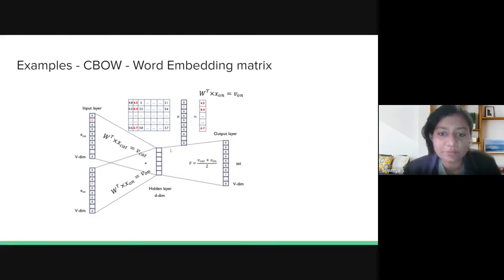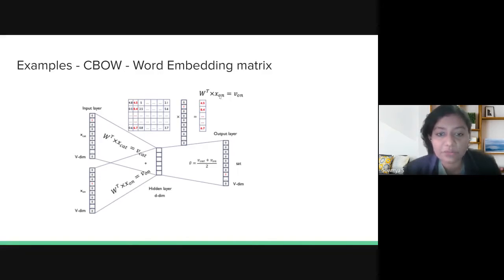And then at the output layer, in the training example, I know that this has to be a 1. Similar to the backpropagation algorithm, I will be sending the errors back and changing the weights. So this V cross D matrix that I have here is our word embedding matrix.